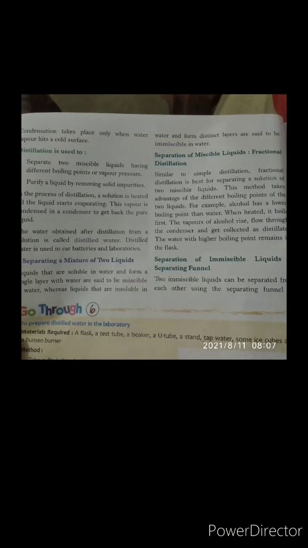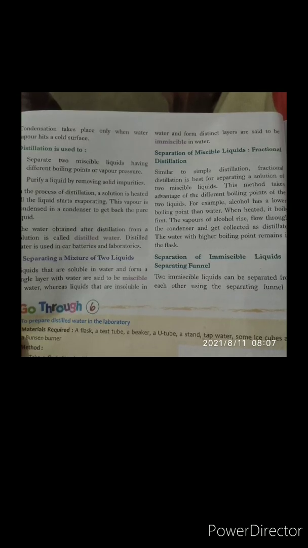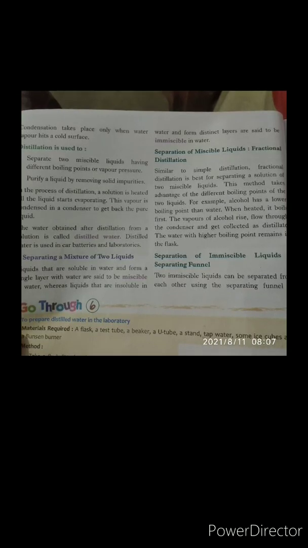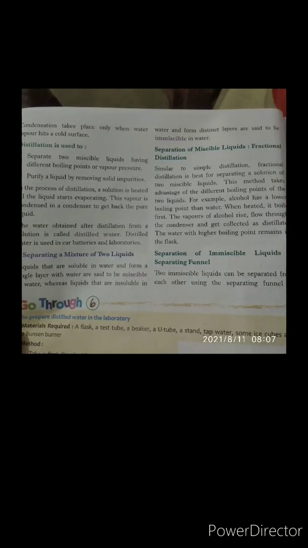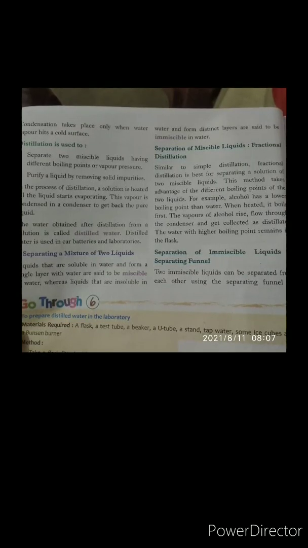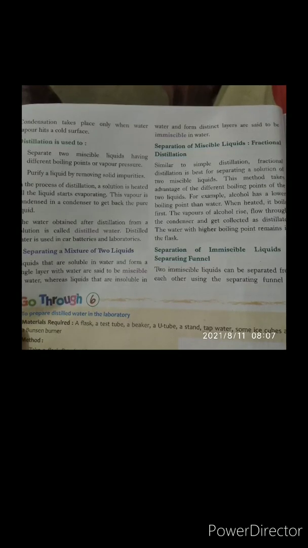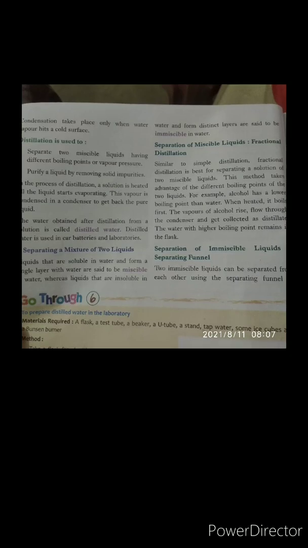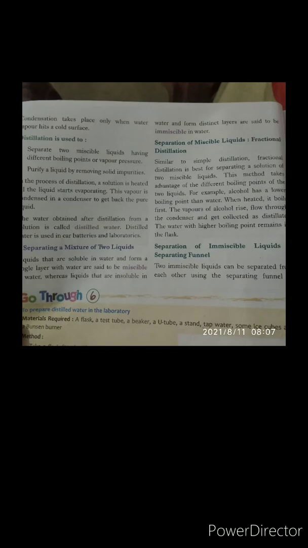It will not be heated more; we keep it at minimum heat. Then automatically alcohol will convert into vapor. We can separate it and water will remain there. That way we can separate alcohol from water.